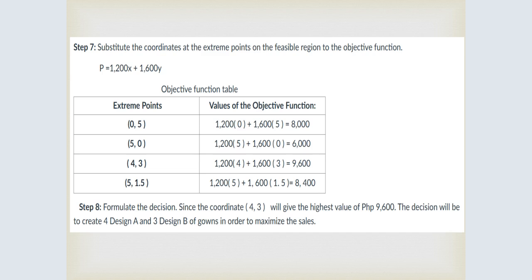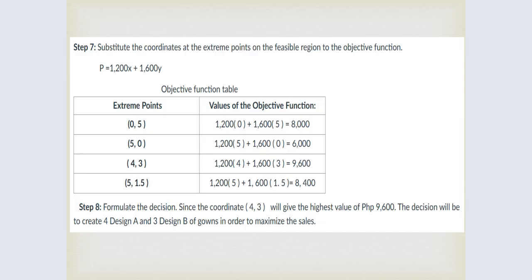First point, (0, 5): 1200 times 0 for the value of x, then 1600 times 5, so the total will give us 8,000. Now for (5, 0): 1200 times 5 plus 1600 times 0, that will give us 6,000. For the point (4, 3): 1200 times 4 plus 1600 times 3, so that is 4,800 plus 4,800, which gives us 9,600.